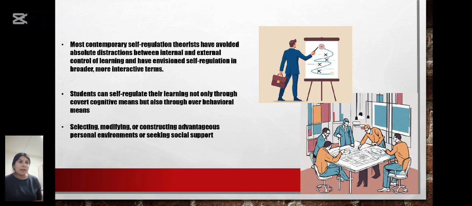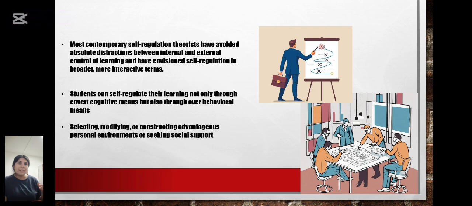Most contemporary self-regulation theorists have avoided absolute distinction between internal and external control of learning and have envisioned self-regulation in broader, more interactive terms. So we cannot narrow self-regulated theory like that. It is broad, as we said before, not only in education, but also modeling, guidance, and feedback.